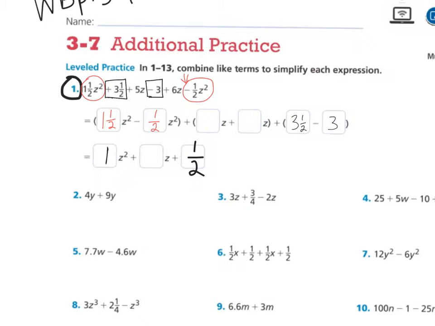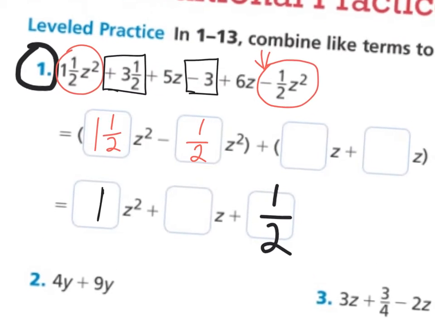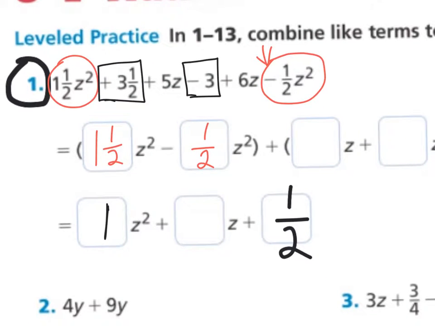And then finally we have some z terms. So z terms, we have a 5z and a 6z. Okay, if you want to, notice I'm doing different shapes here.